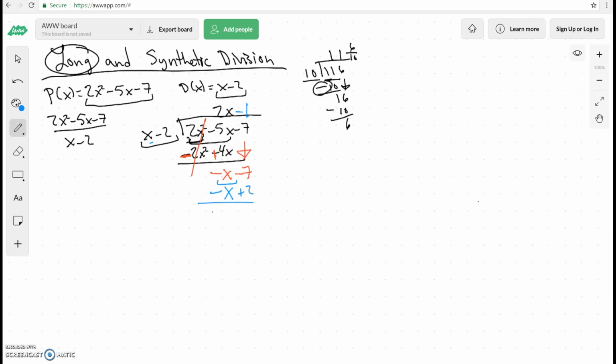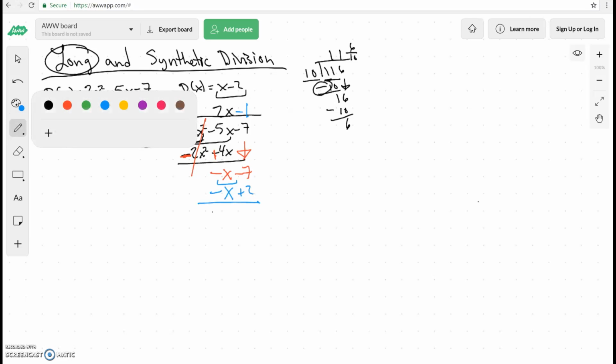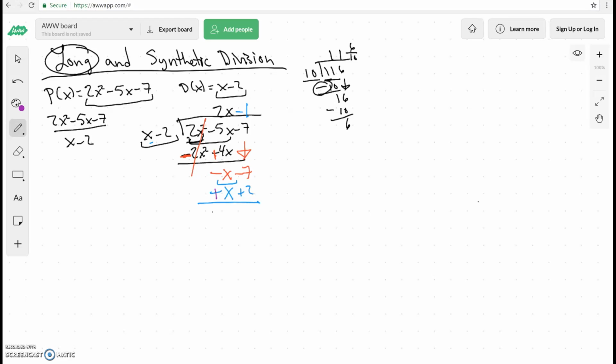And notice that once it's down here, I'm going to have to switch the signs. So this one is going to change into a positive, and this one is going to change into a negative. Okay, so then this goes away, and I'm left with a negative 9. So what am I going to do with this negative 9? This negative 9 is my remainder term. I'm going to add it, negative 9 over x minus 2.